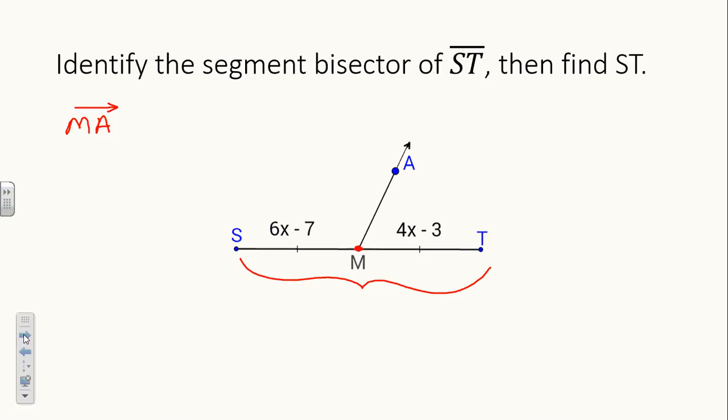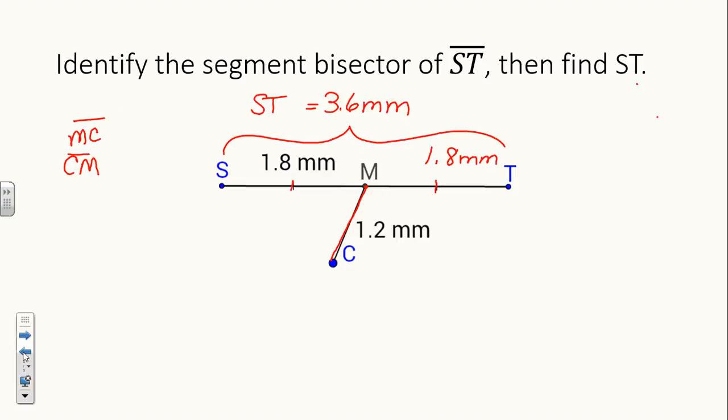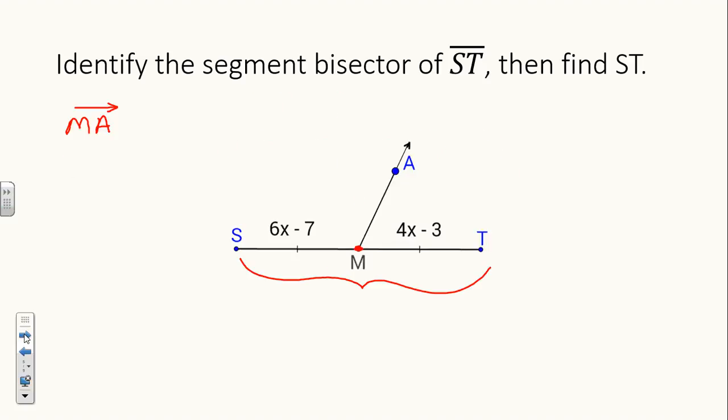What made it more difficult? Variables, okay? What did you do last slide, though? You said if this one is 1.8, then that has to be 1.8 because the midpoint makes them congruent segments, right? So what can we do here to help us find out what x stands for?